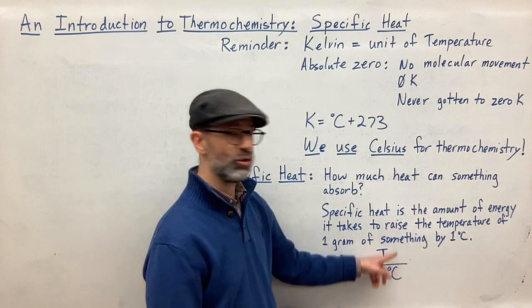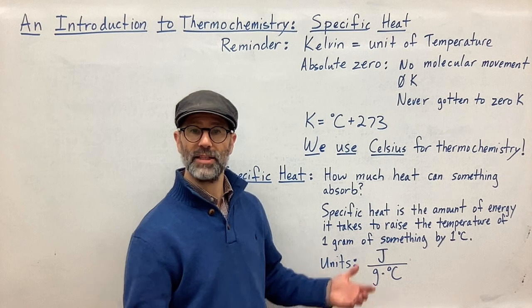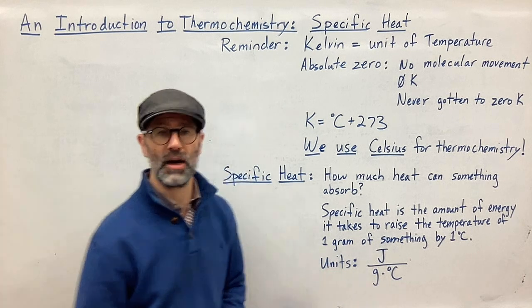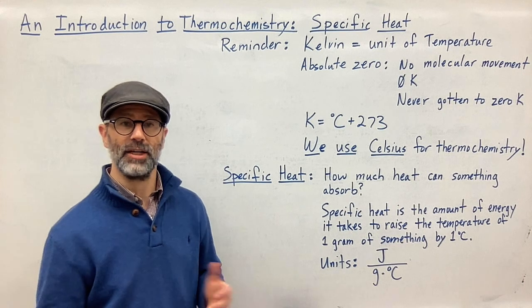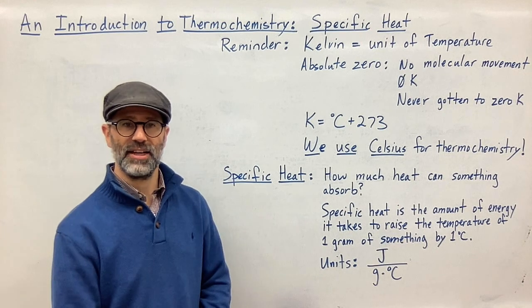I'll be left with joules. So that's the equation to find the amount of heat that is absorbed or lost by an object. Let's move to that in just a moment.